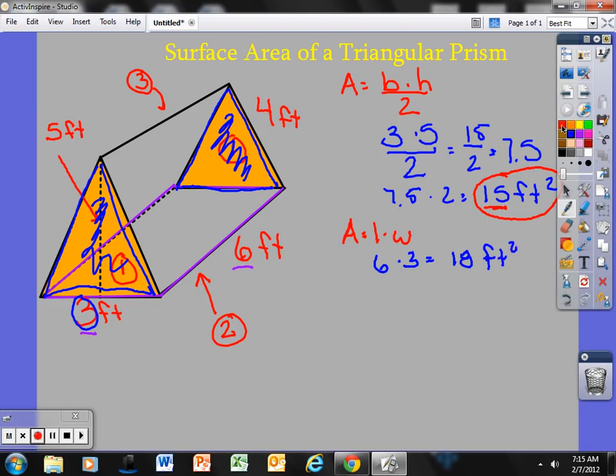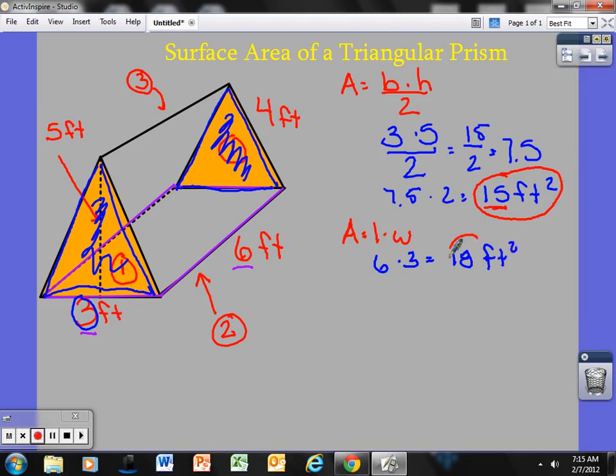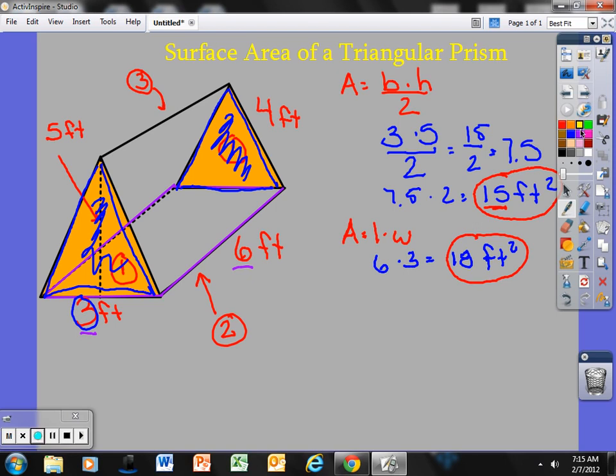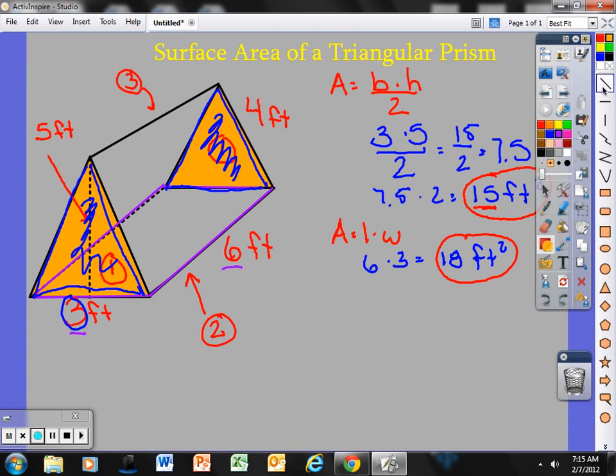Now I'm going to circle that because that is another measurement I'm going to have to combine at the end. Finally, I have my last 2 triangles. I'm sorry, my last 2 rectangles. Let me trace over those so we can get a visual of where they're at. I have this rectangle here, which extends like this, and I have that same rectangle which forms the right side, and that same rectangle that forms this left side.